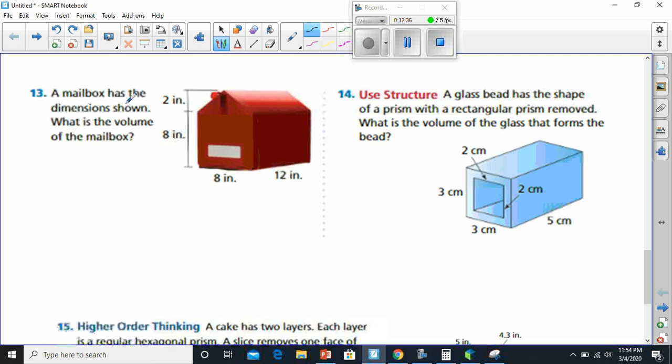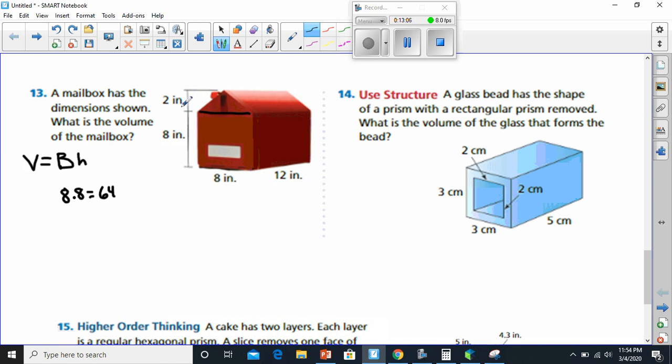It says here a mailbox has the dimensions shown. What is the volume? Again, if we find the volume equals the base times the height, we've got to find the base of this, and the base is made up of 2 different shapes. Looks like a square and a triangle. Well, the square is 8 by 8, so 8 times 8 is going to be 64.